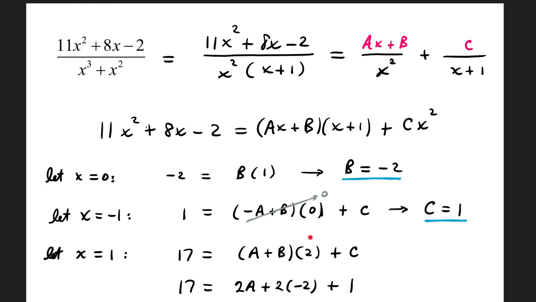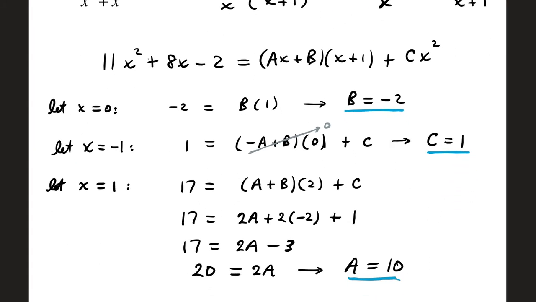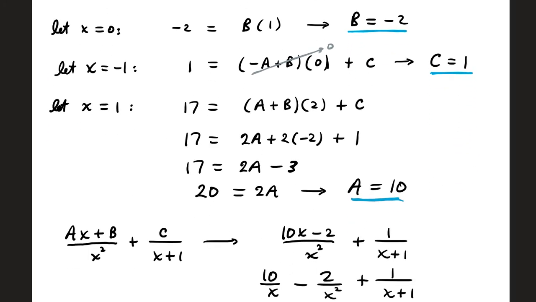So distribute the 2, replace b and c with their values. And then, solving for a, we have 2a minus 4 plus 1, that's negative 3. So 2a minus 3 is equal to 17.